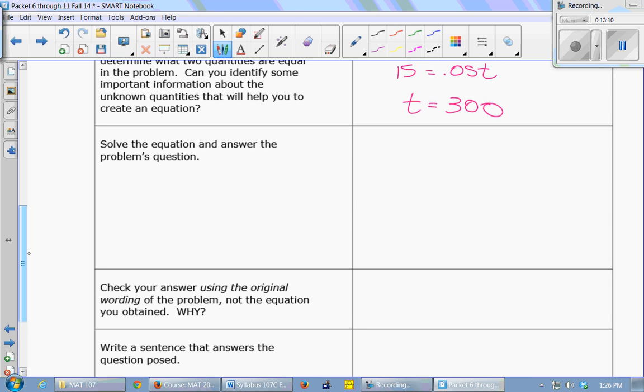So we need to write an answer to the question. So 300 texts. All right, so if you're going to do less than 300 texts, you would choose which plan? Plan B, the one that's more expensive per text.